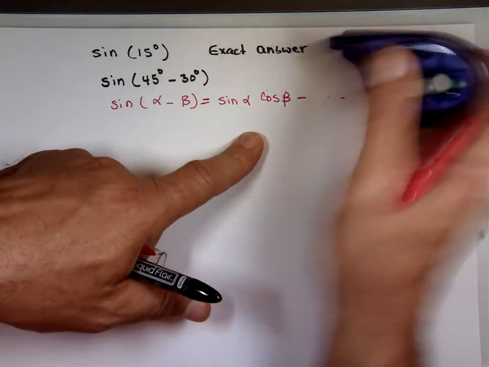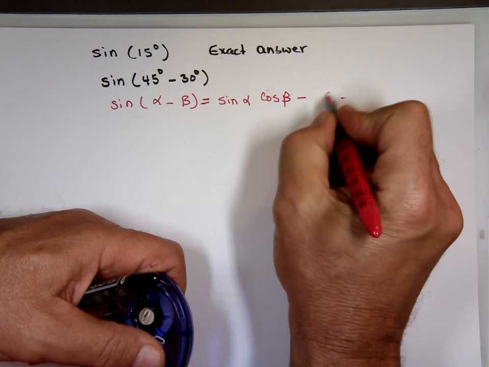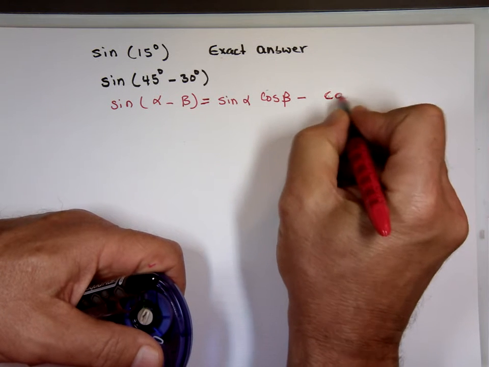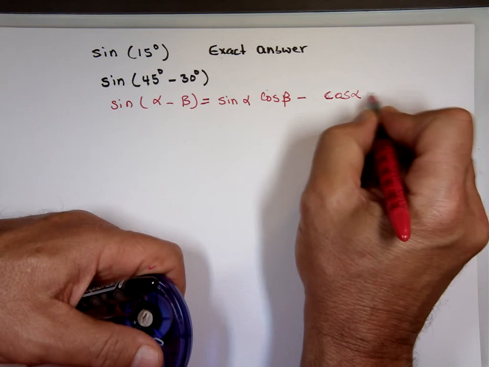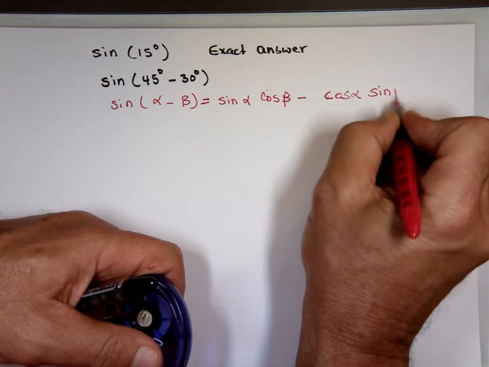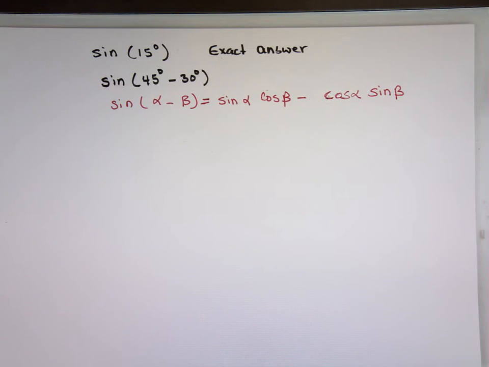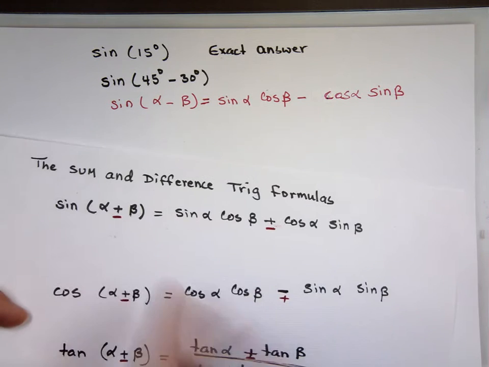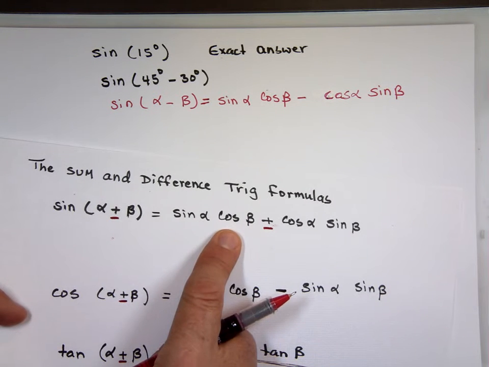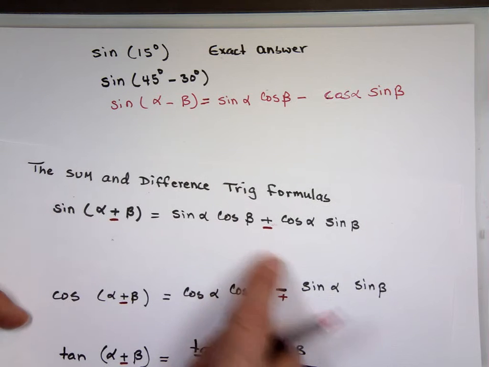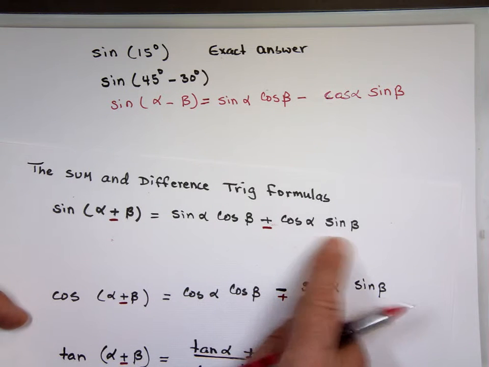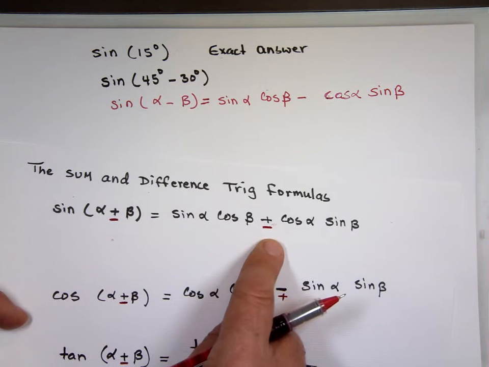I can say them backward, forward. I'll try to stick with it. Is that what we wrote there a few minutes ago? Sine alpha cosine beta, because that's a subtraction, minus cosine alpha sine beta. When it's minus, this is minus.